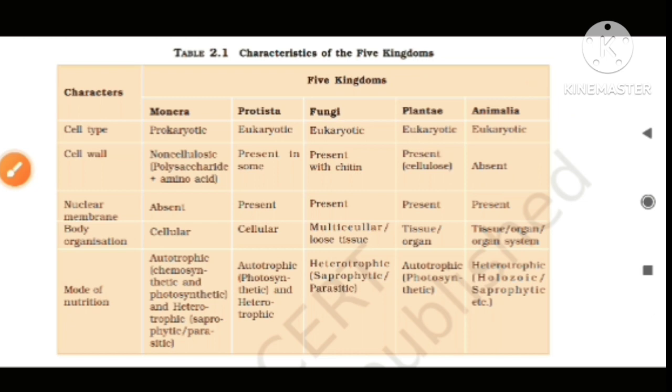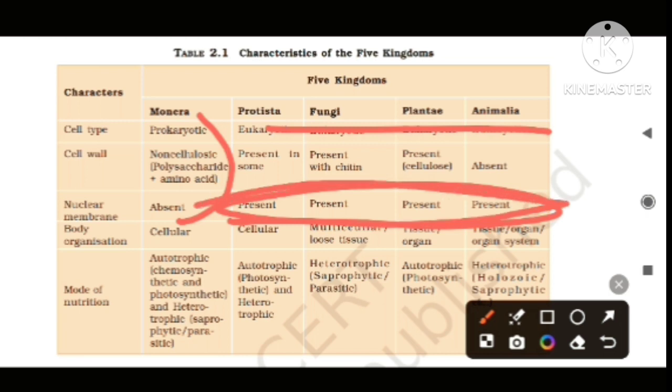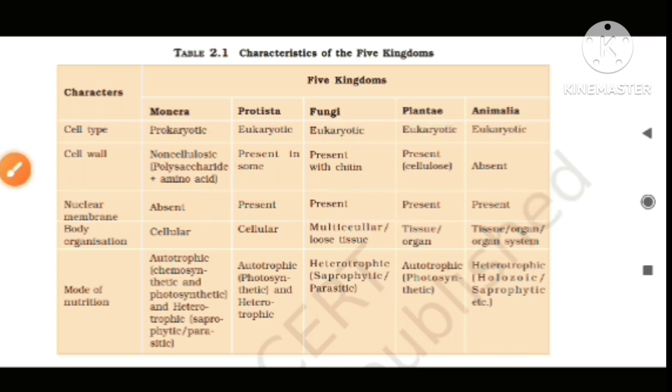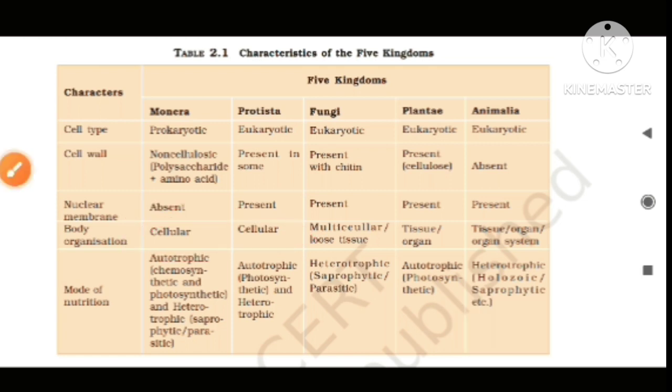The nuclear membrane is absent in monerans because they are prokaryotes. Eukaryotes have a nuclear membrane. The body organization of Monera and Protista is cellular. And the question was asked like this: name the organisms which are cellular eukaryotes.